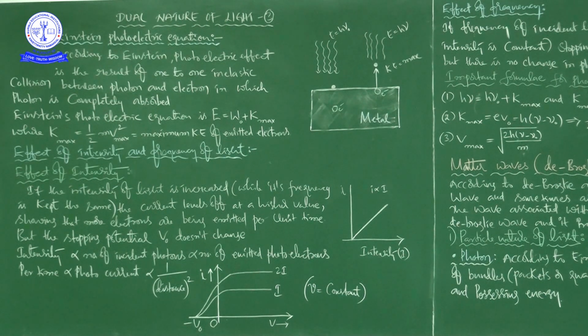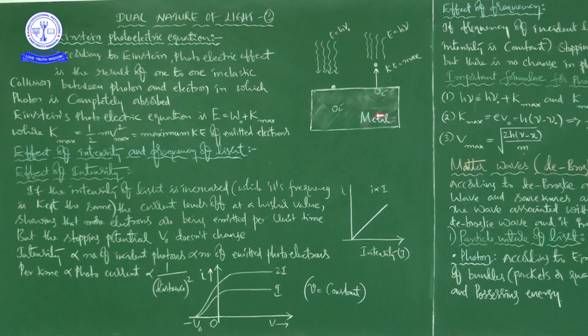Here is the incoming radiation, and here we have electrons, like free electrons, and when the incident radiation is coming, it is going to be absorbed by the electrons in a metal, right? So when these electrons absorb the energy from the incident radiation, they will get movement, they will go into motion, and then they will go out of the metal.